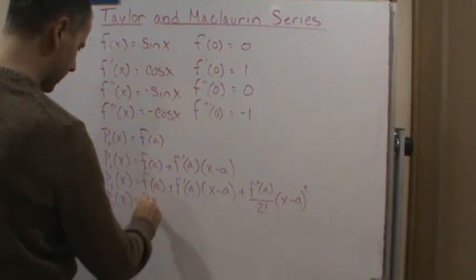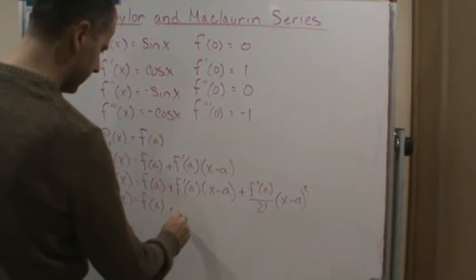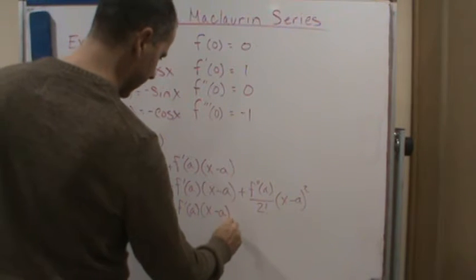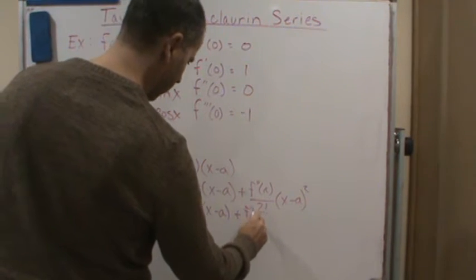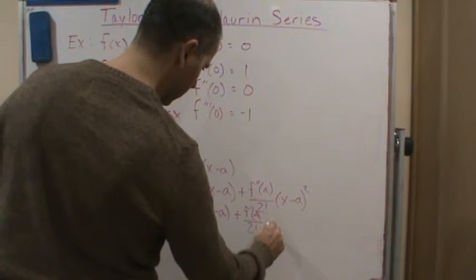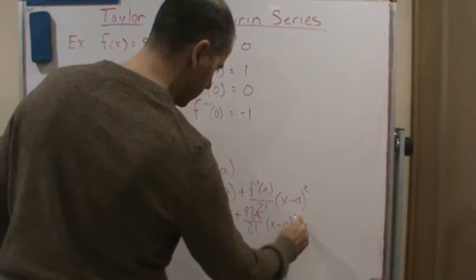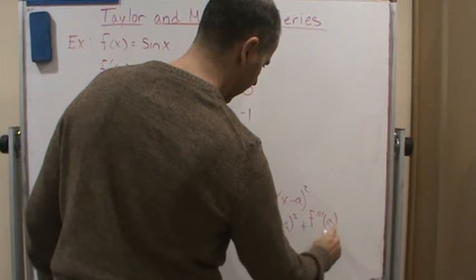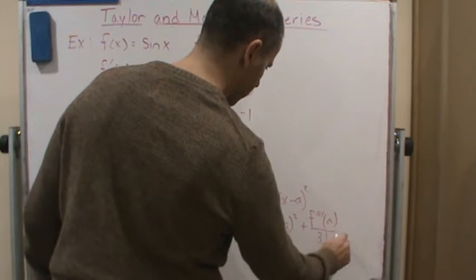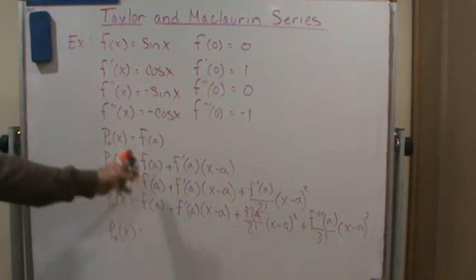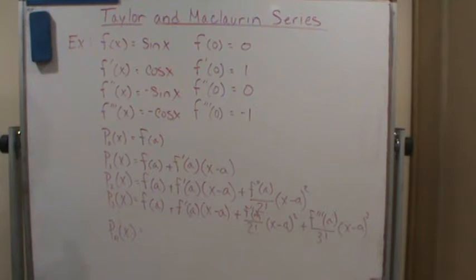And then this one is f of a plus f prime of a times x minus a plus f double prime of a over 2 factorial times x minus a squared plus f triple prime of a divided by 3 factorial times x minus a cubed, right? So this is just the general Taylor series. So the only difference is a is 0, right?